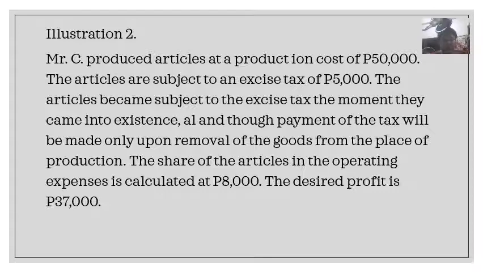And though payment of the tax will be made only upon the removal of the goods from the place of production, the share of the articles in the operating expenses is calculated at 8,000 and the desired profit is 37,500. So, determine daw natin yung selling price.